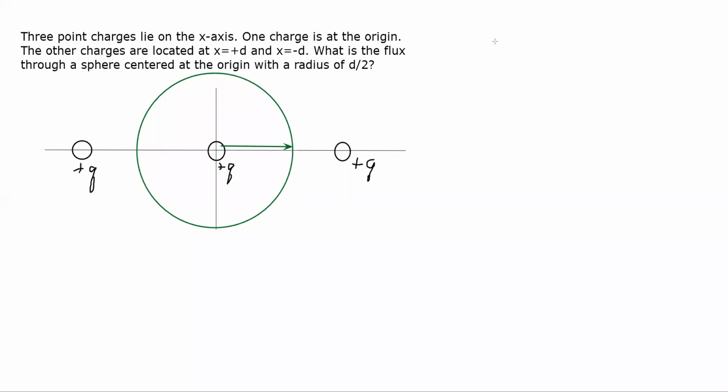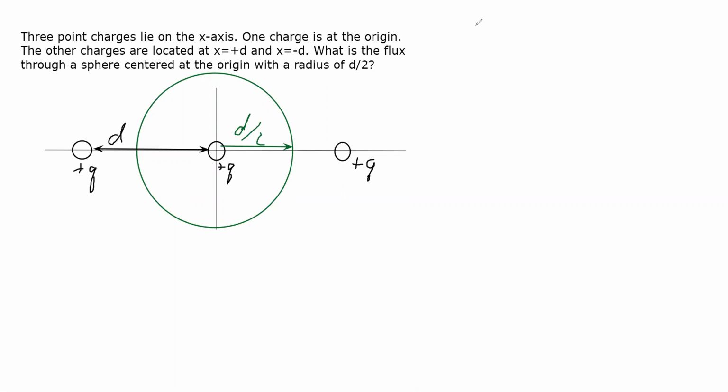And so I'll call this d over 2. Okay, and the distance between each adjacent charge here is d. I'll put that in a different color. Okay, so let's see. We're trying to find flux.